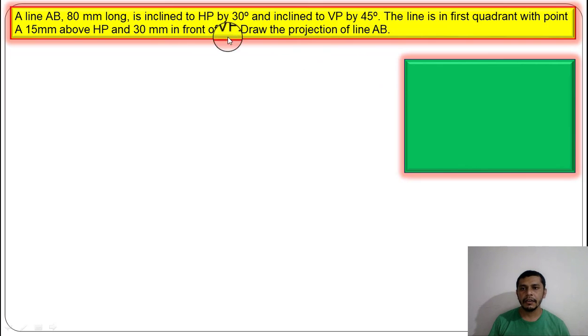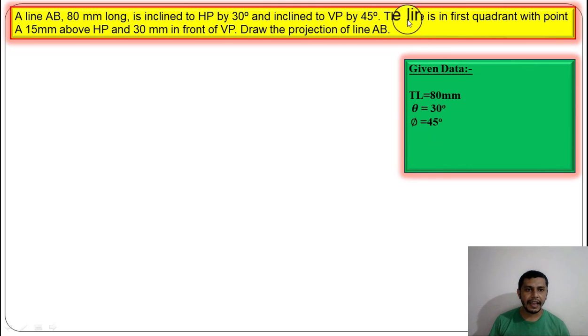So let us recall the given data. A line 80 mm long, that is TL, the true length of the line, is 80 mm, inclined to the horizontal plane by 30 degrees. The inclination with the horizontal plane is theta, so theta is 30 degrees, and inclined to the vertical plane by 45 degrees, so phi is the angle of the line with the vertical plane, and it is 45 degrees.